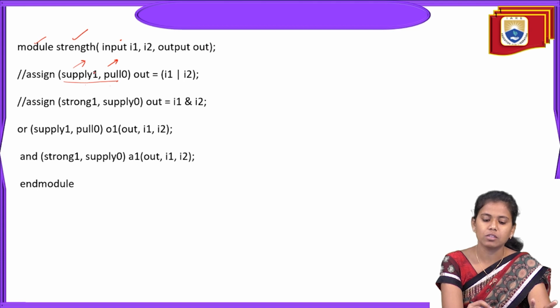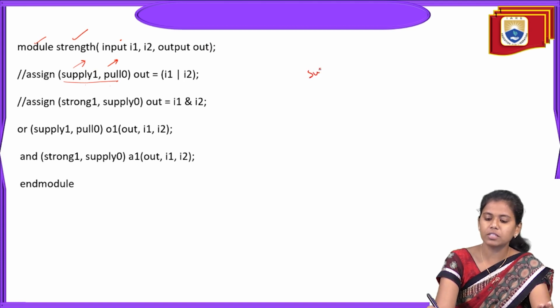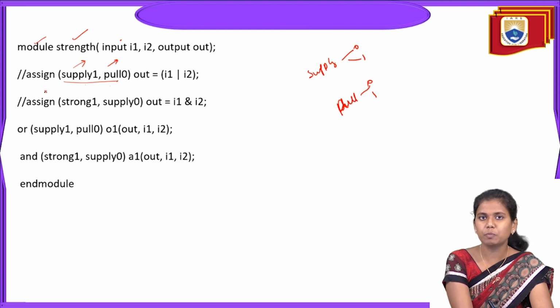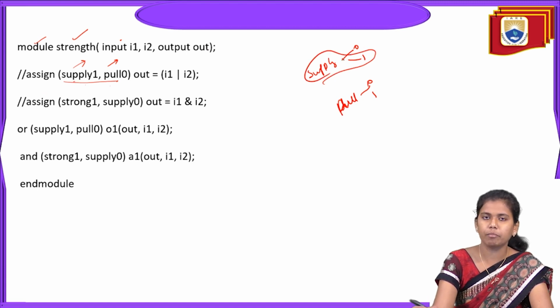Usually we take the supply drive as 0 and 1, and the pull drive as 0 and 1. In this particular example, I'm considering supply 1, and as well the pull 0.